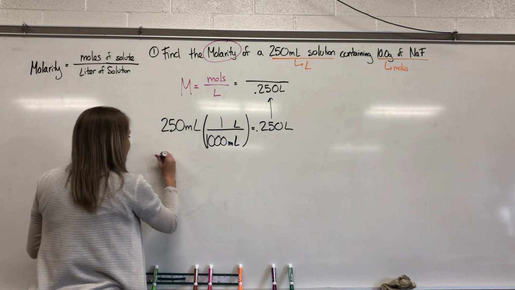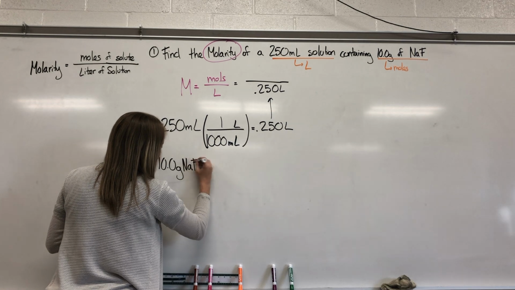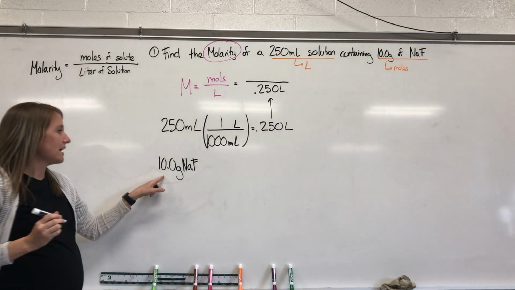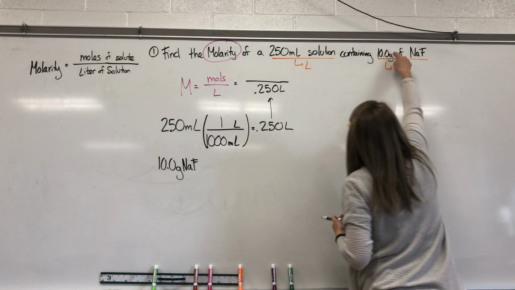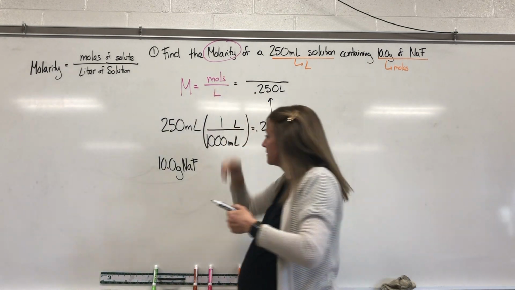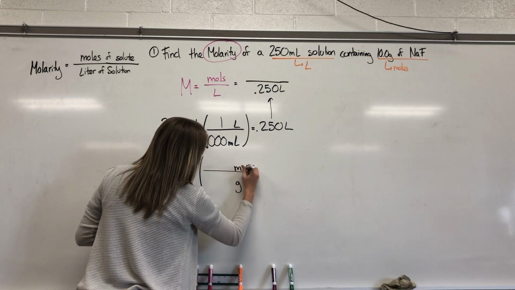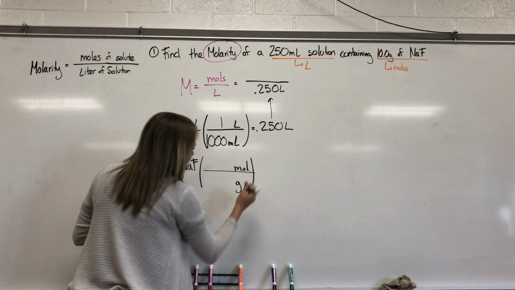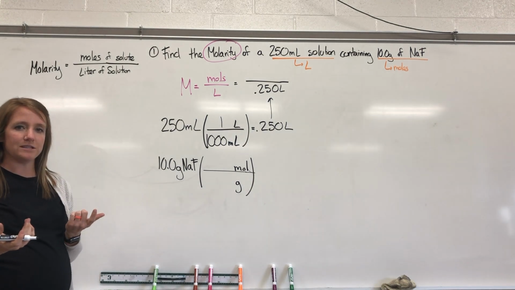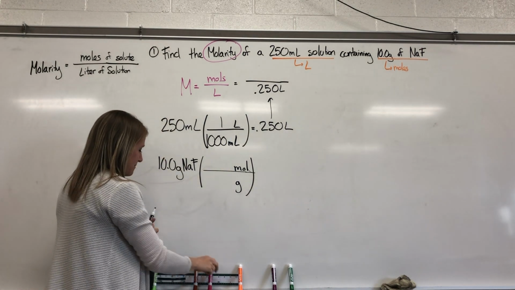We then take our 10.0 grams of NaF, and we need to convert grams into moles because that's the top of our fraction here. For gram to mole conversions, we use the molar mass. So I'm going to add up the mass of this.